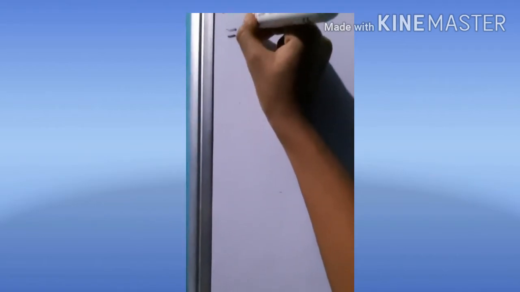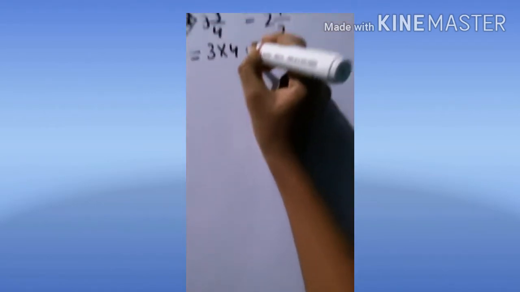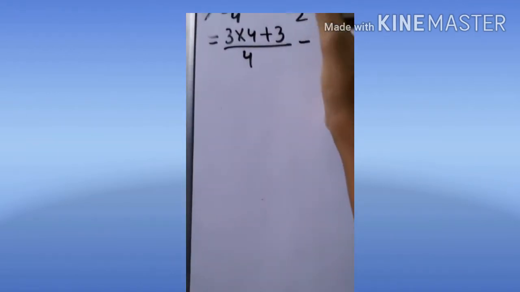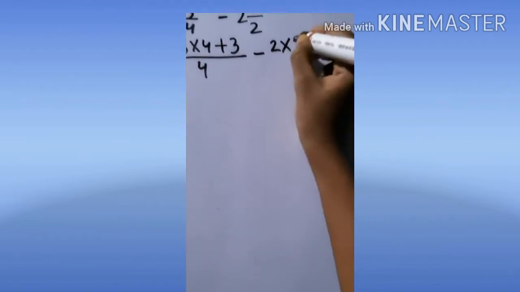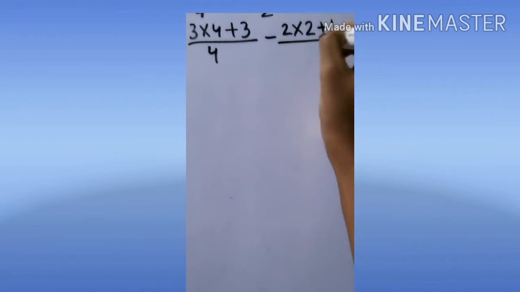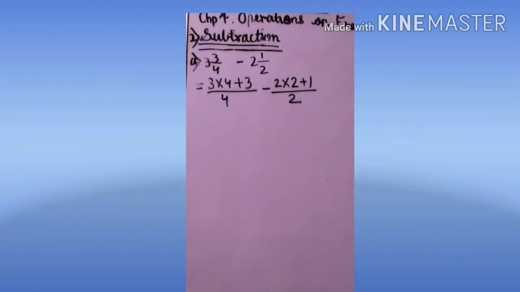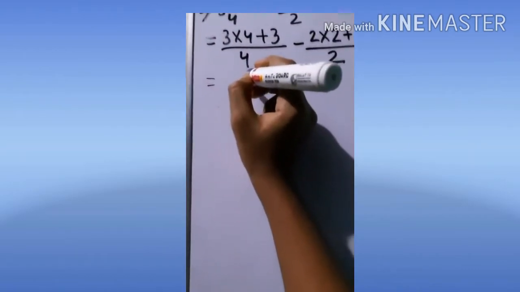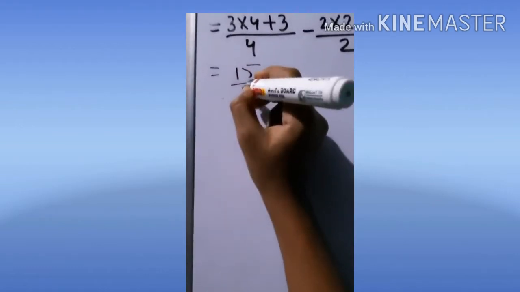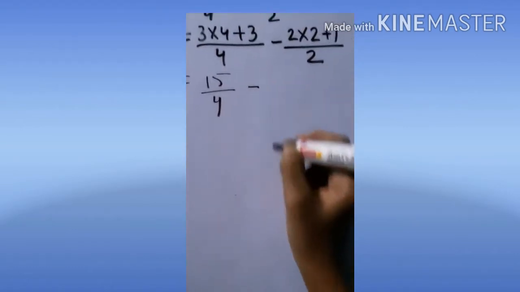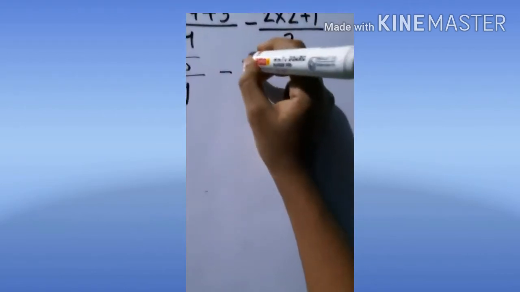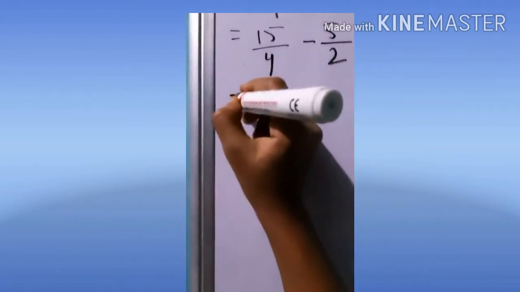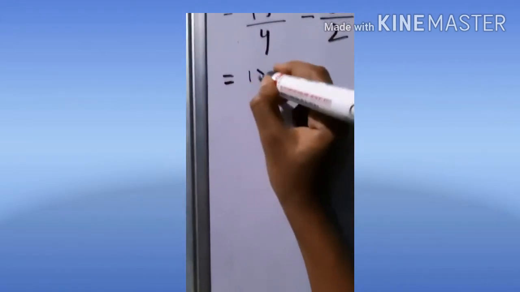So 3 multiplied by 4 plus 3 upon 4 minus 2 multiplied by 2 plus 1 upon 2, which equals 3 fours is 12 plus 3, which equals 15 upon 4, minus 2 multiplied by 2 plus 1 is 5 upon 2. Now again same we will write down.